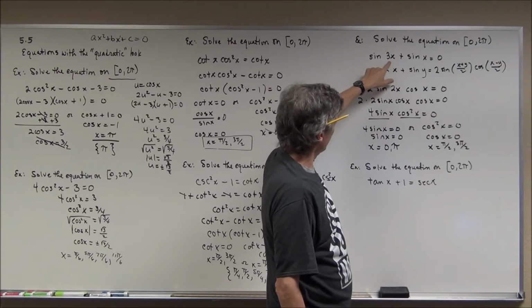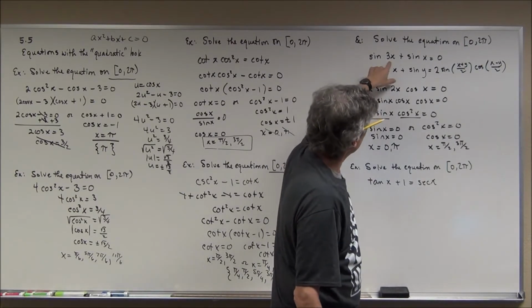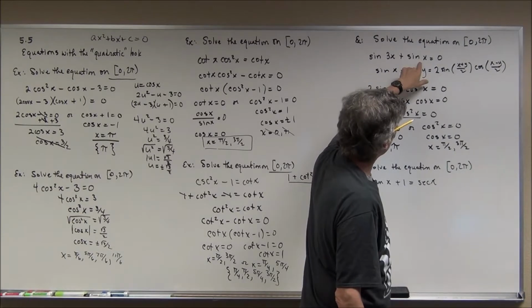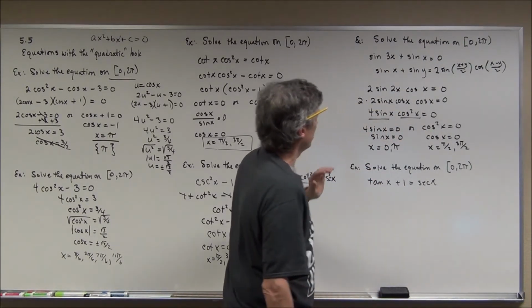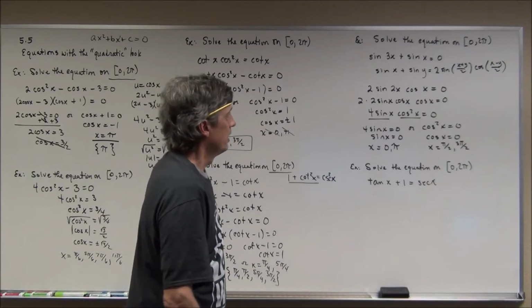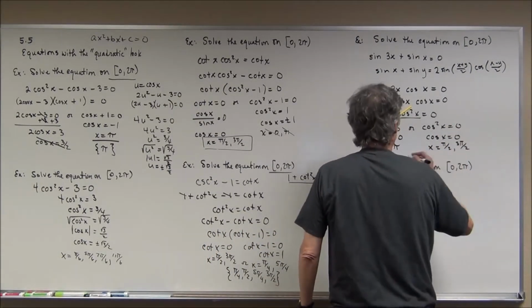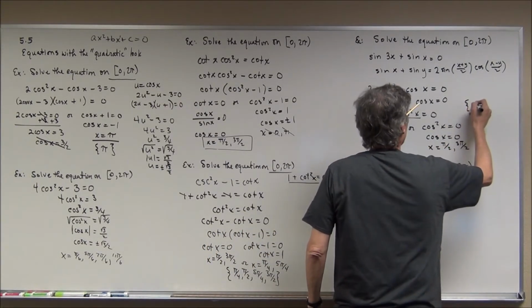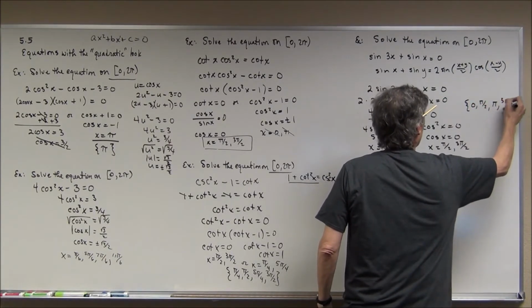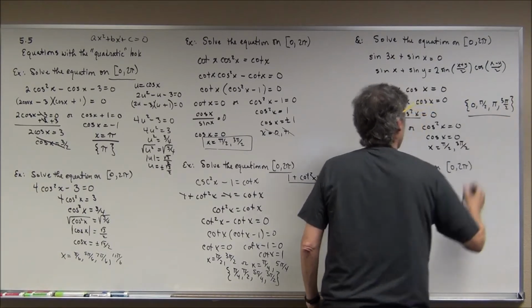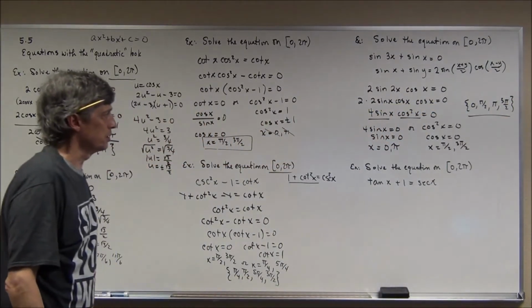The sine of 3 pi over 2 is -1. The sine of pi over 2 is +1. That equals 0. I think we can go through any of these, and I think we can get these to work out just fine. So I'm going to write my solution set as 0, pi over 2, pi, 3 pi over 2. And I list all 4 solutions.